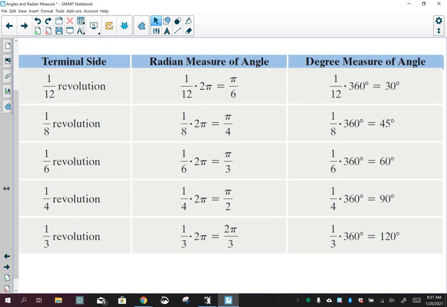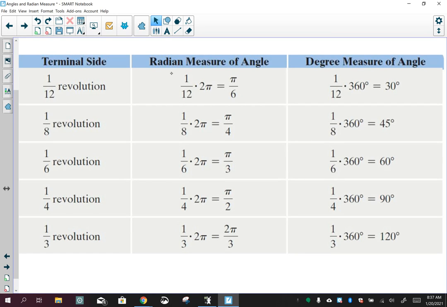An 1/8 of a revolution is 45 degrees. A 1/4 of a revolution is 90 degrees. See how that works? 360 degrees is the full revolution. That's where that comes from.